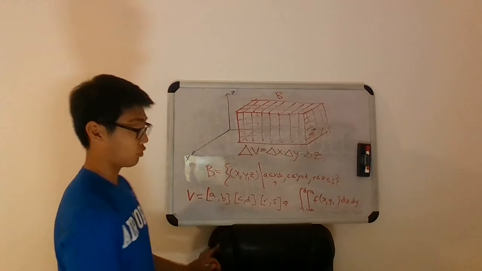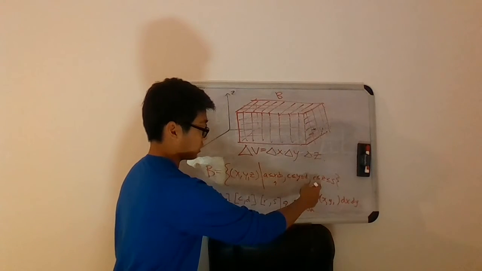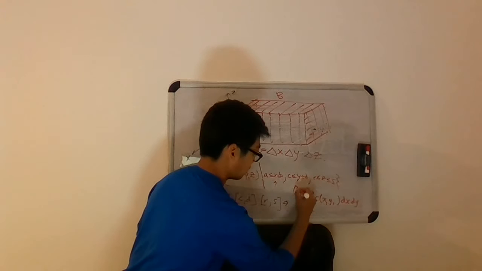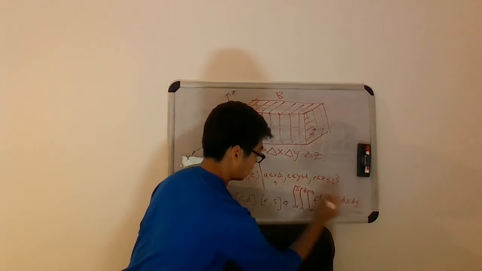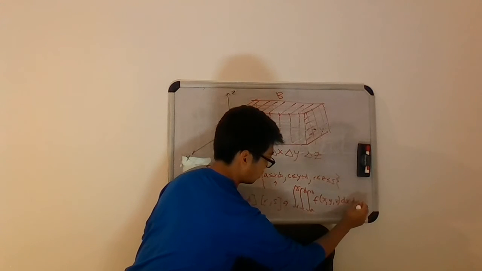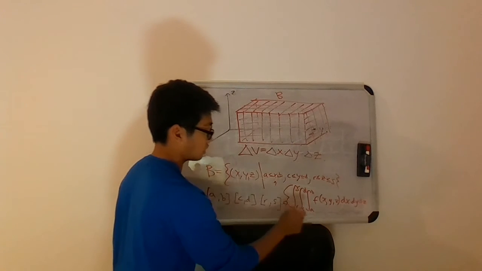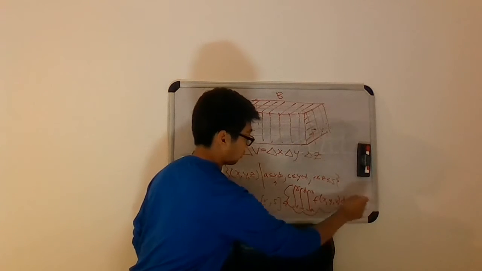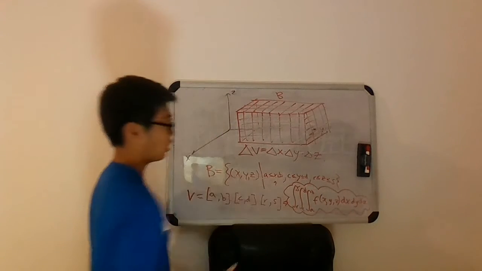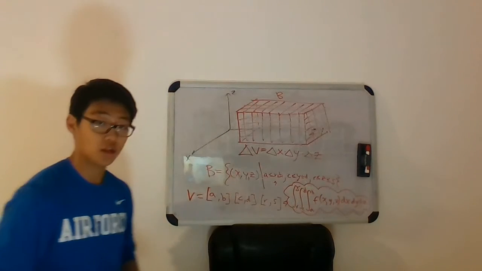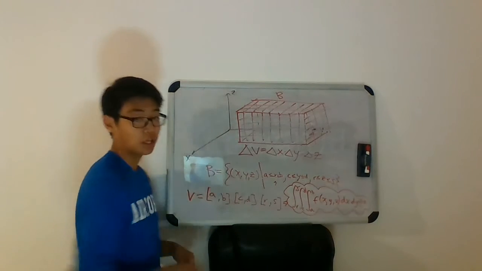And then the integral with respect to z, which is from r to s. And so this is the general concept of using triple integrals to find the volume of any kind of region in the xyz axis. In this case, it's a rectangular box.